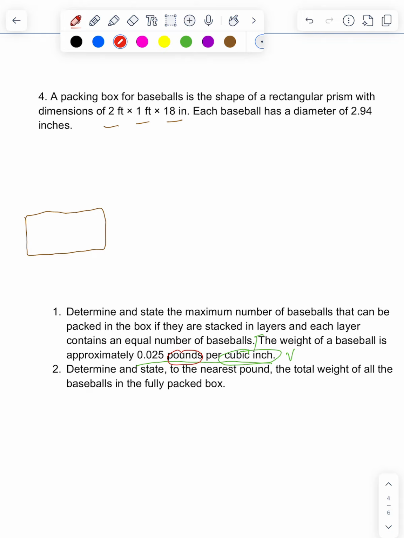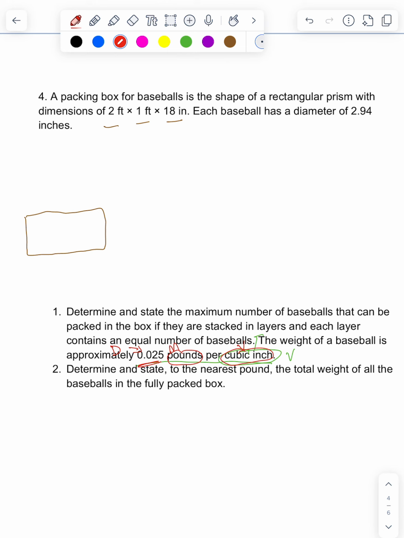This has 2 units, so it's the density. This 0.025 is the density. The first unit that you see, the pounds, is the mass unit for weight. And the second unit, the cubic inches, is the volume unit. So notice how the density is ultimately going to be using cubic feet. So it makes sense to change everything into feet.